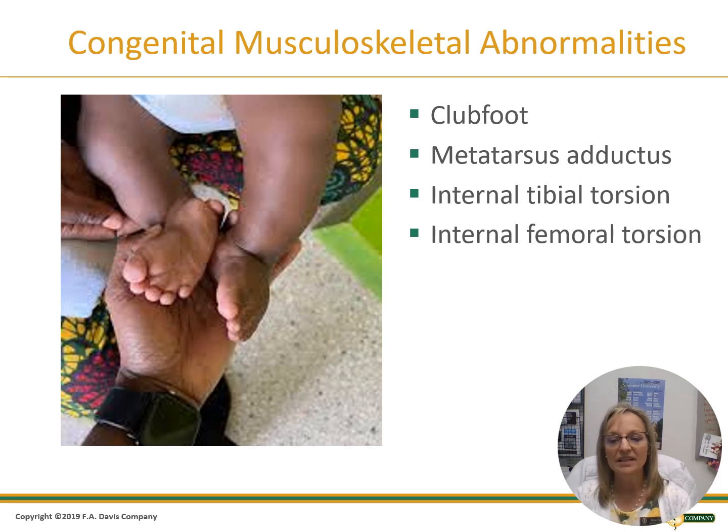Congenital abnormalities are something that begins in utero and the child inherits, so they're born with it. Some disorders, though, can be unrecognized until the child reaches a later stage of growth and development.